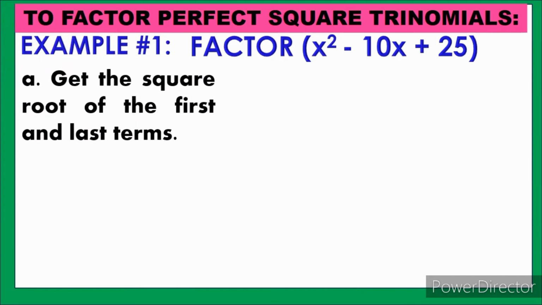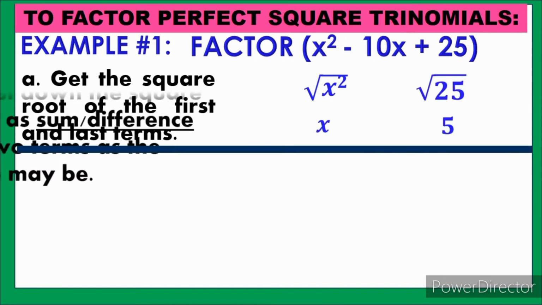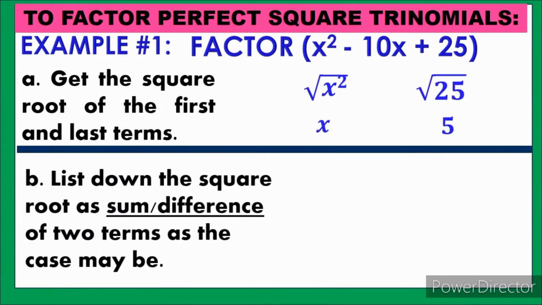Okay, so we have some steps to follow on how to factor perfect square trinomials. Letter A, get the square root of the first and the last term. We have the square root of x squared, that is x. The square root of 25 is 5. And then the next step is to list down the square roots as a sum or difference of two terms as the case may be.